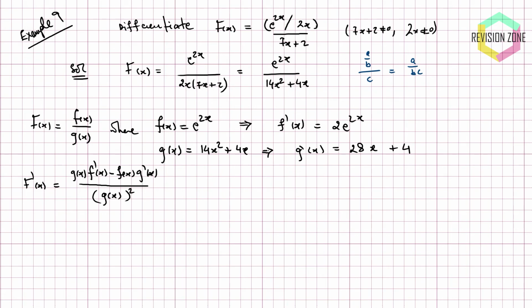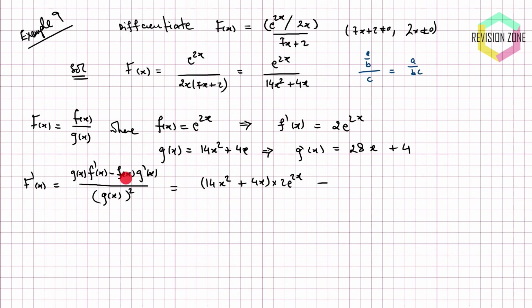Right, so at this stage, we're back with the task of putting things in. I've got to start with my g, so let me write that down. It's going to be 14x squared plus 4x. Let me keep some brackets to keep things tidy. And then f prime is, of course, 2e to the 2x. So it's going to give me 2e to the 2x, and then I have a minus on the outside.